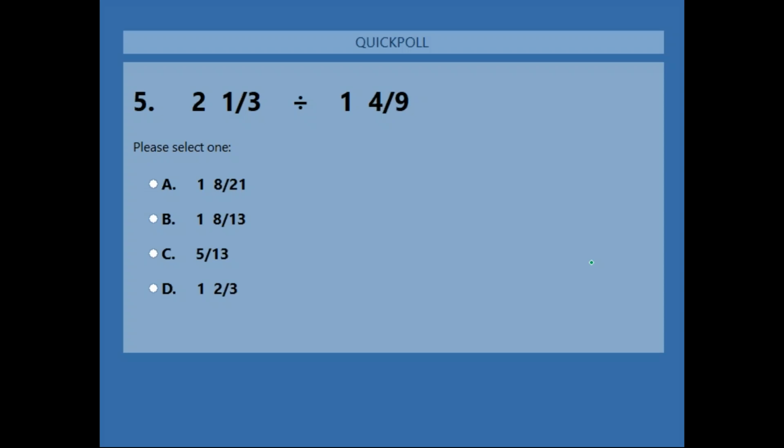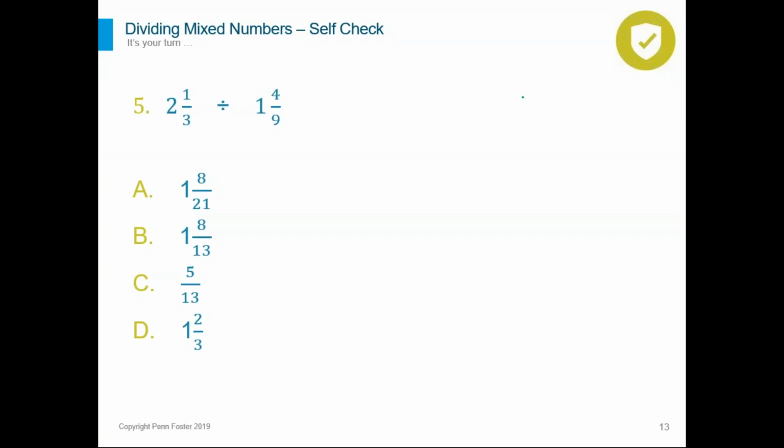A few more seconds, and we'll go over the question together. Okay, let's do it together and see how we can divide the two mixed numbers.